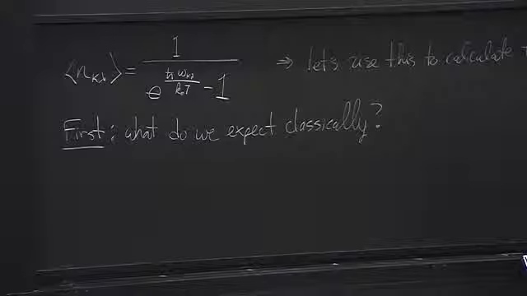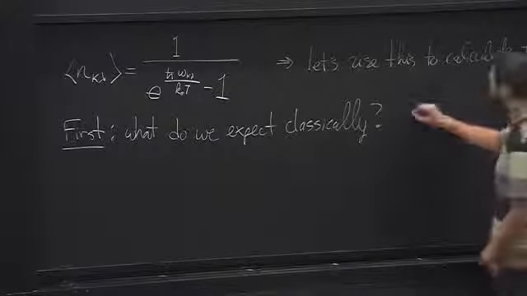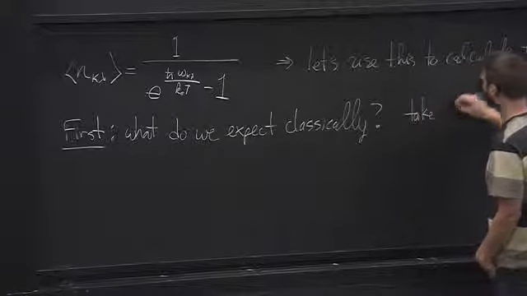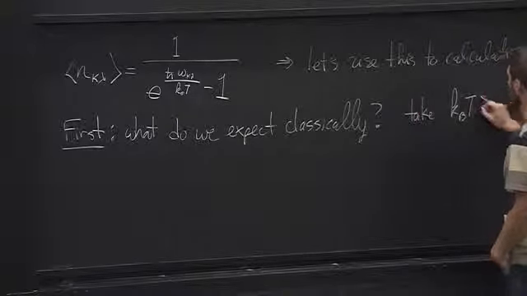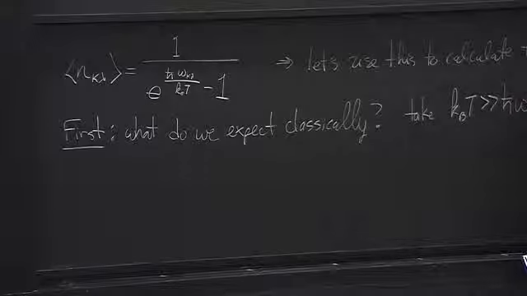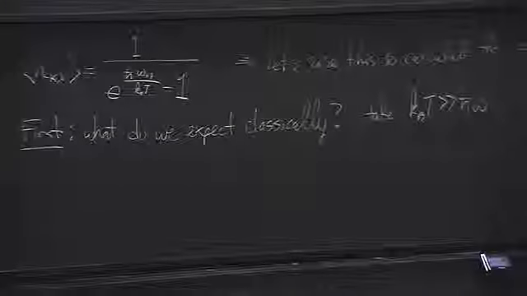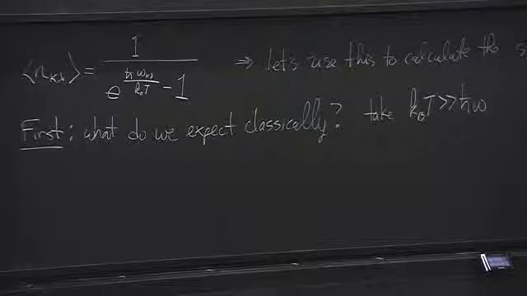But in the classical case, we can just take a limit here of k_B T greater than h bar omega. And so the classical behavior is actually contained in this, we would hope. And it actually is. All you have to do is expand your exponential.